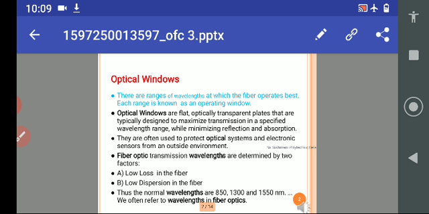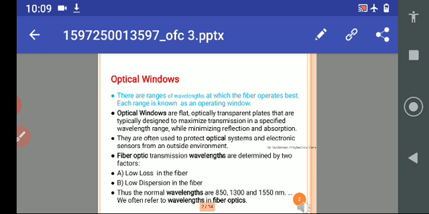Fiber optic wavelengths are determined by two factors. While selecting which wavelength to use, we have to keep two factors in mind. Number one, low losses in the fiber, and number two, low dispersion in the fiber.